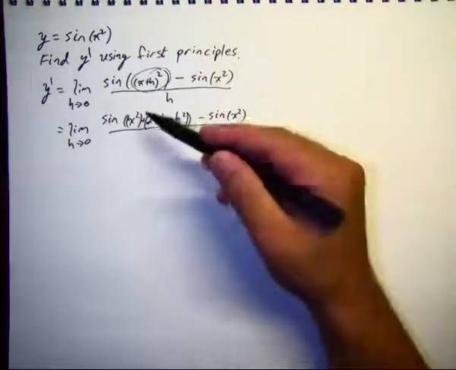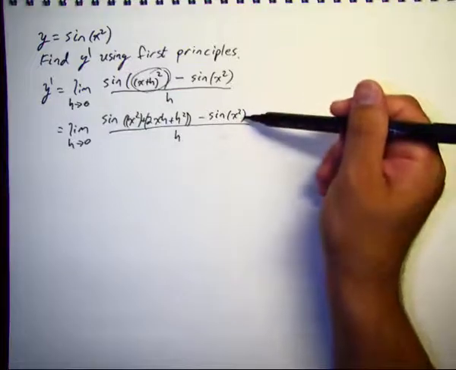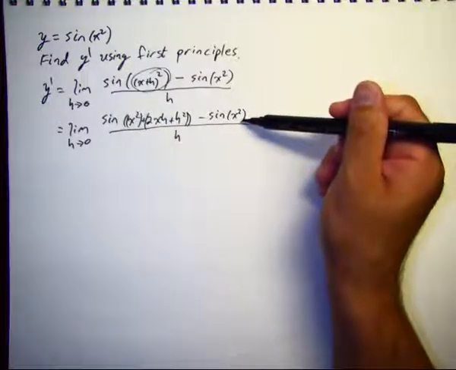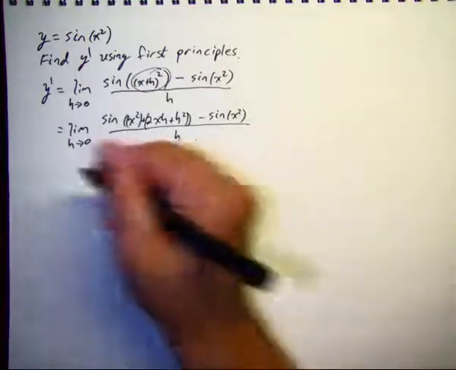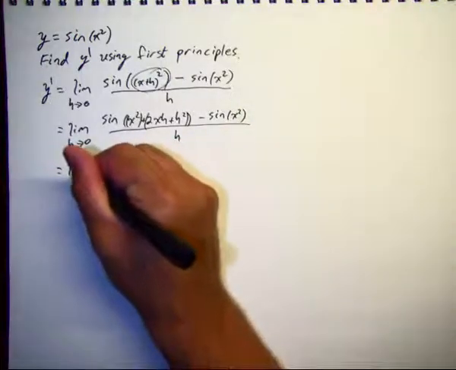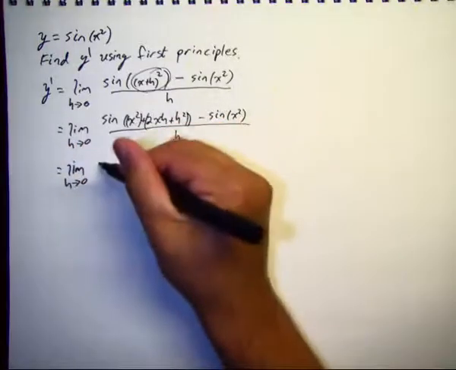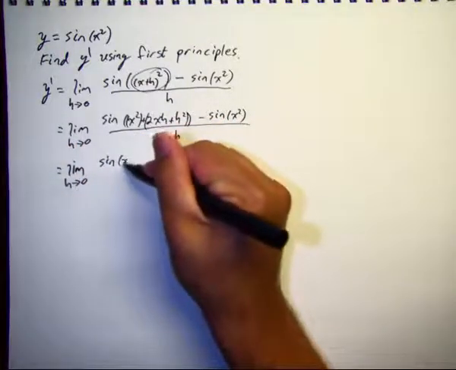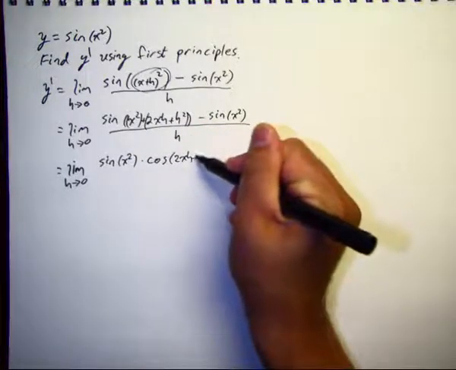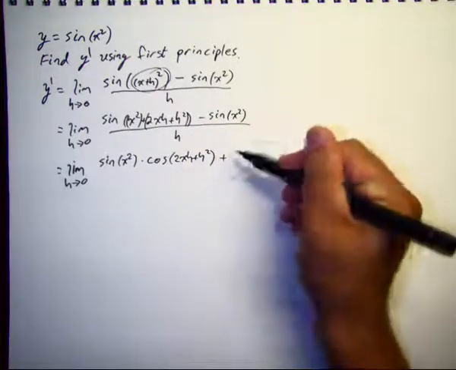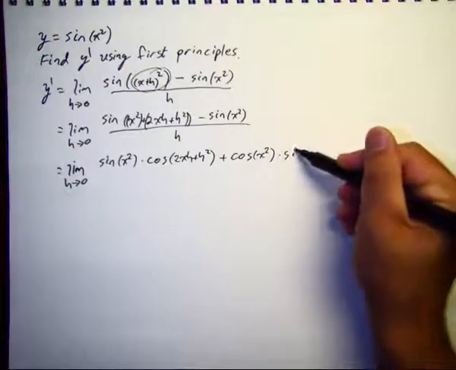But at least let's separate the x squared from the rest, because I have an x squared over here, and so there might be some sort of interaction there. So this is the limit as h goes to 0. Sine of a plus b is sine of a times cos of b plus cos of a times sine of b.